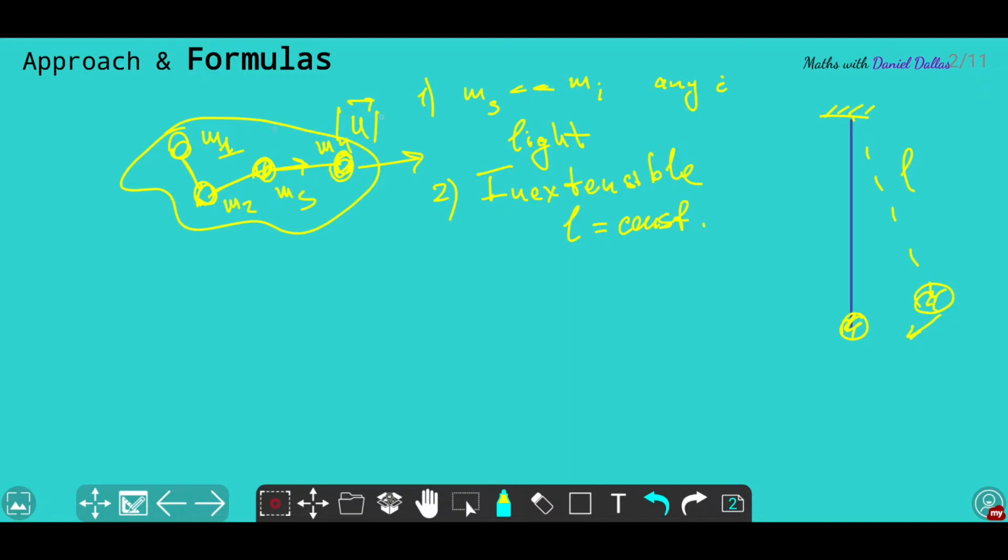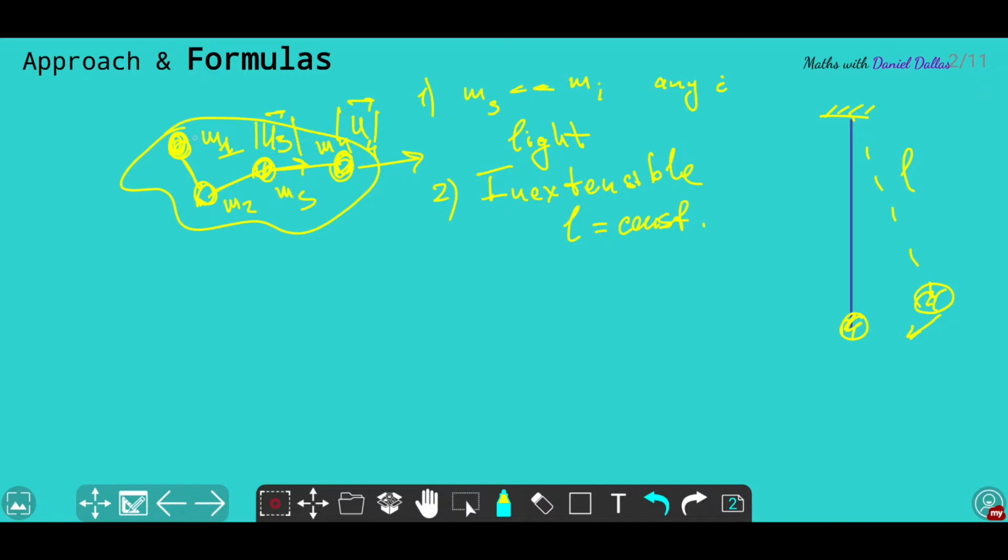So if you take the absolute value or magnitude of u4, that's going to be the same as for u3. So it means that the speed and acceleration magnitude will be the same for every single particle. However, as you can see, the direction at each time instance might be different.